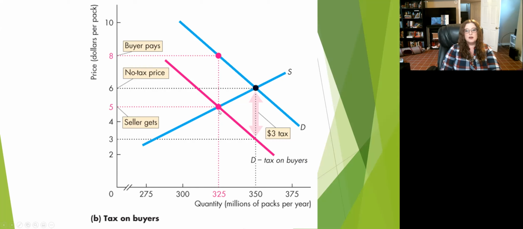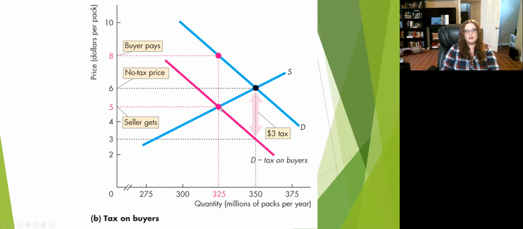Okay, all right, so the sellers are going to get $5. But what does that mean that we actually pay? Well, we're paying the $5 for the cigarettes, but there's $3 that are going to be in taxes, right? So we trace this line up from this new equilibrium to the original line, and we see that that would intersect our quantity demand at $8 for 325 million.